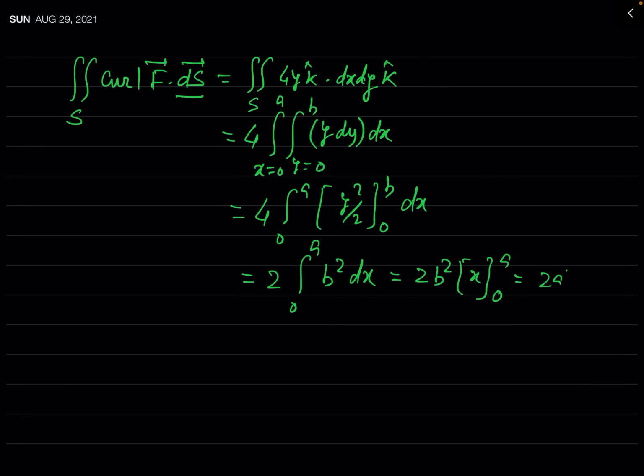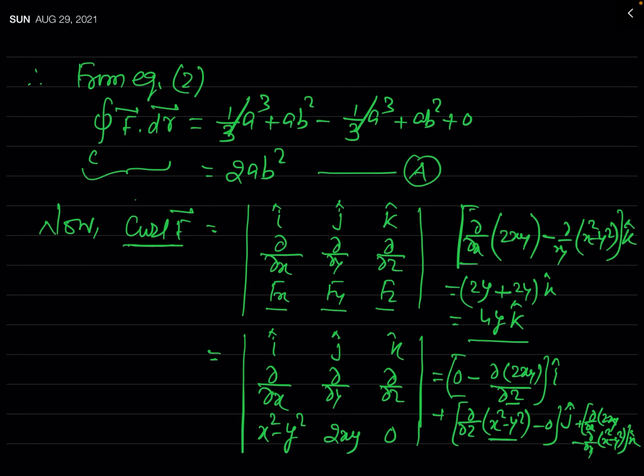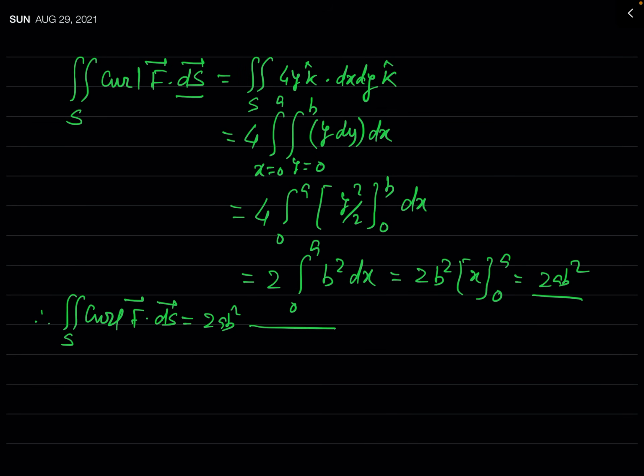So this is simply 2ab square. So you can see that the integral over S of curl of f dot ds is equal to 2ab square, and say this is equation number b.